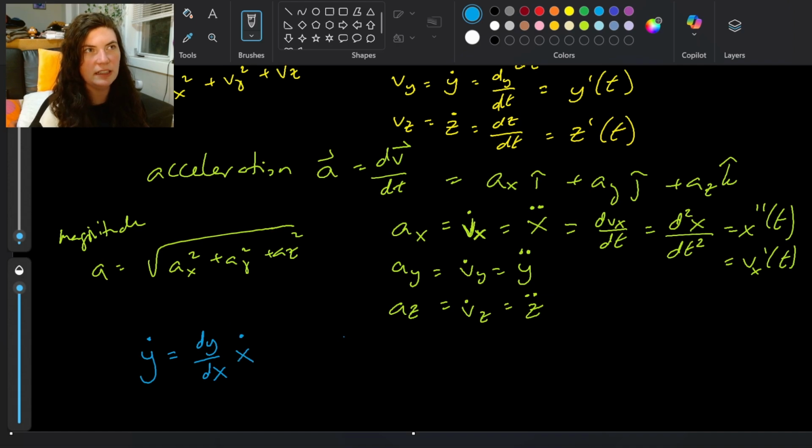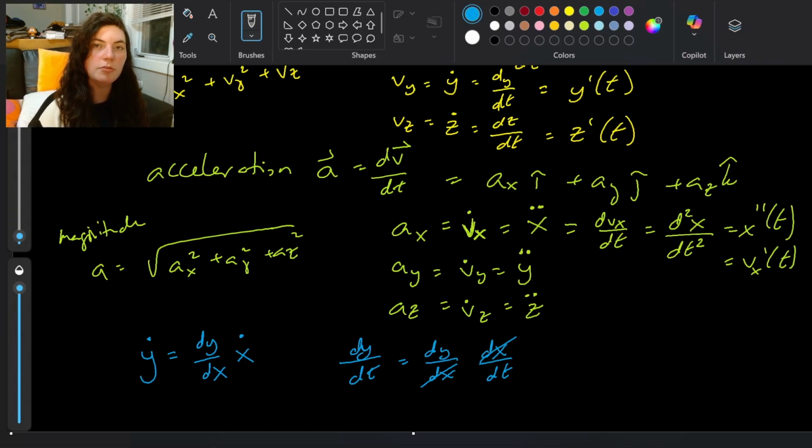And if we think about this in the dt way of writing, where we have dy dt equals dy dx times dx dt, well, here we can find that everything just cancels out, right? Our dx's cancel out, and we end up with dy over dt is dy over dt. But this can be really, really helpful if we're given a y equation in terms of x, where we need to relate these things together.